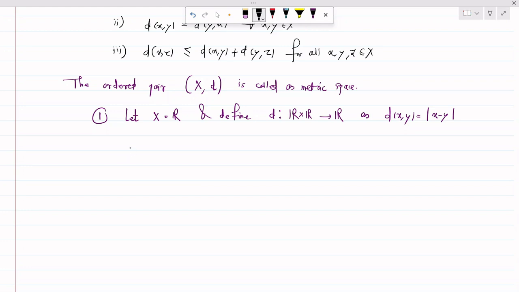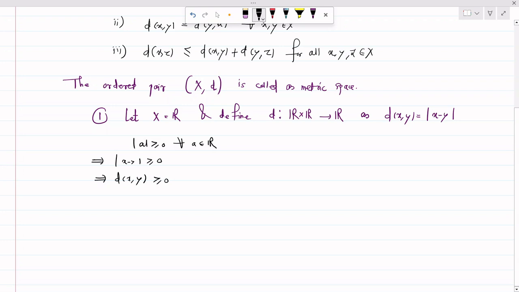For the first property, we know that mod is always non-negative, right? So mod of a is greater equal 0 for all a belongs to real numbers. So mod of x minus y will also be greater equal 0, which clearly implies that d of x comma y is greater equal 0.